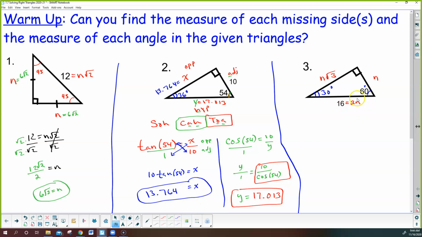All right, well, that leaves just a real quick algebra problem right here. 16 equals 2n, which means n would have to be 8. And that tells us the short side is 8. And then across from the 60 degrees is 8 square root of 3.